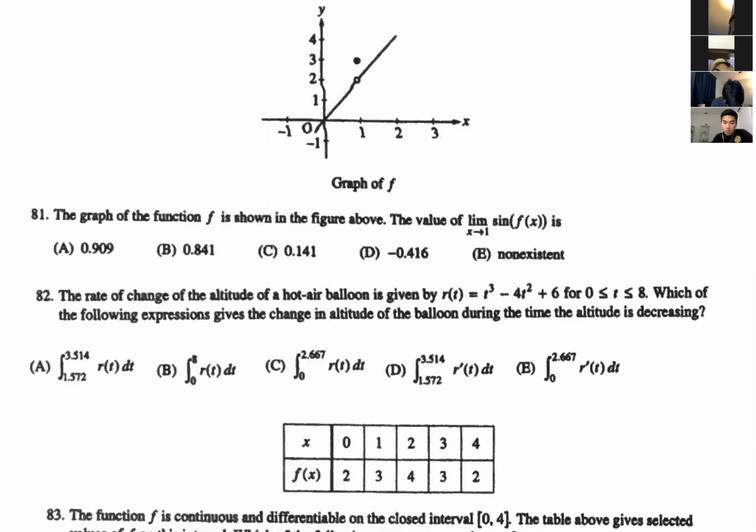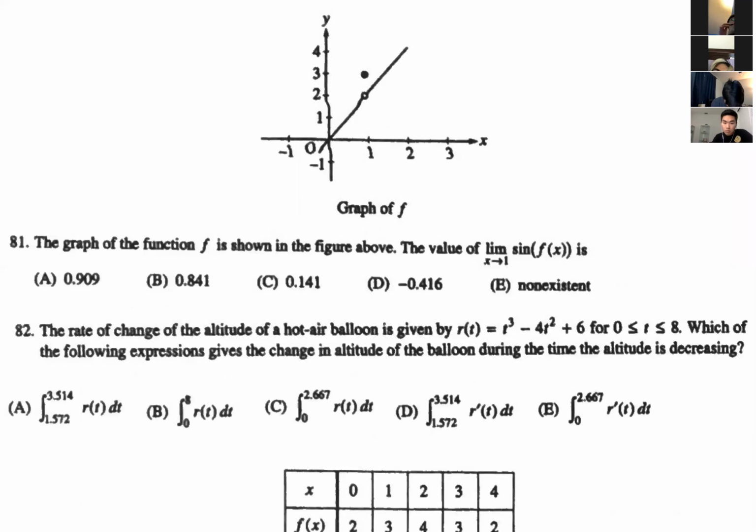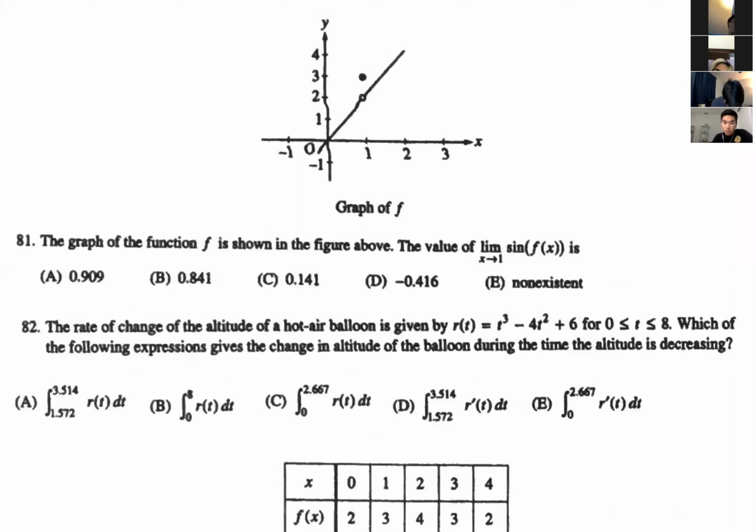Okay, so 81. The graph of the function is shown above. What is the value of the limit as x approaches 1? I want to find sine of f of 1. Well, f of 1, isn't that defined right here? Actually, the limit, though, you know what? It's not going to be that point. That's just a distractor.